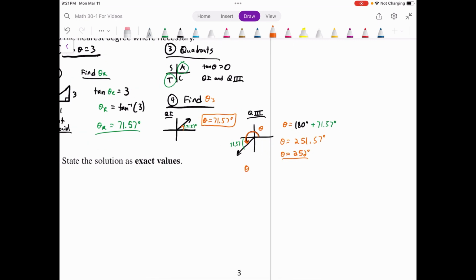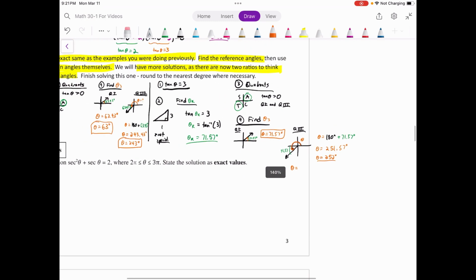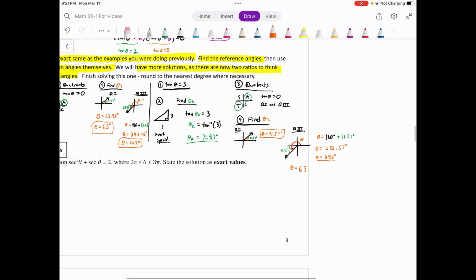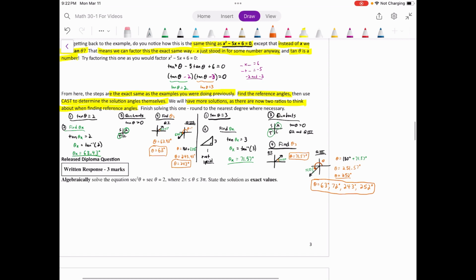So summing it up, we've got that theta could equal, to the nearest degree, 63 degrees. We found that it could be 72 degrees. We found that it could be 243 degrees. And we found that it could be 252 degrees. All of those are solutions to this equation. All of them would make it true, right? These two make this factor equal 0, and therefore they satisfy the equation.